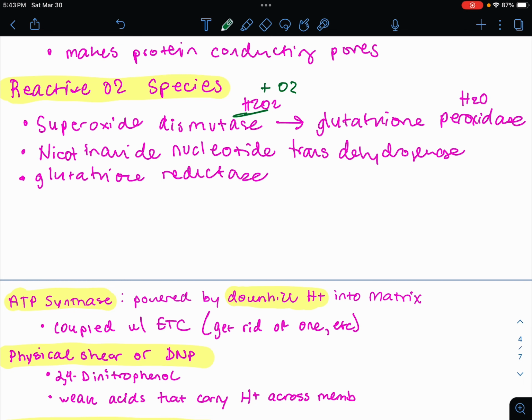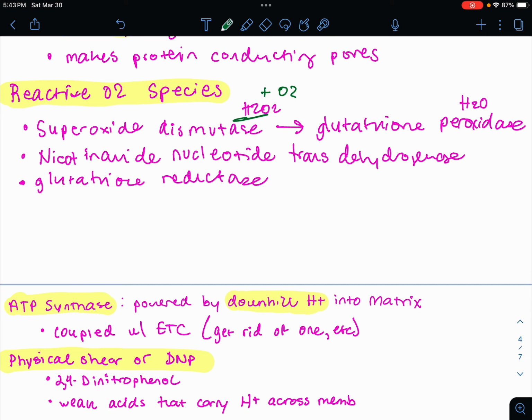Sorry, that's what I was missing. And then we could go further with glutathione peroxidase, another enzyme here. Glutathione peroxidase will take H2O2 and convert it into water. We also have nicotinamide nucleotide transhydrogenase, as well as glutathione reductase, but those ones weren't highlighted, it looks like.